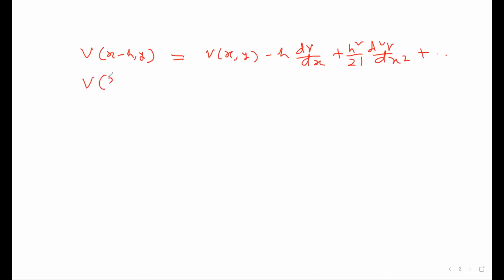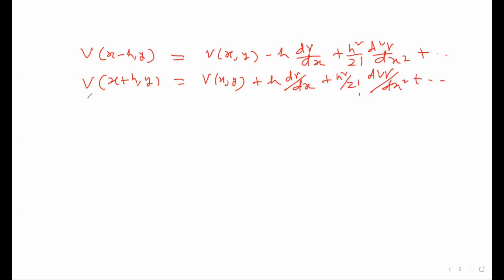Similarly, V(x plus h, y) will be equal to V(x,y) plus h dV/dx plus h squared by factorial 2 d2V/dx2, something like that. And in the same way, you can do this.